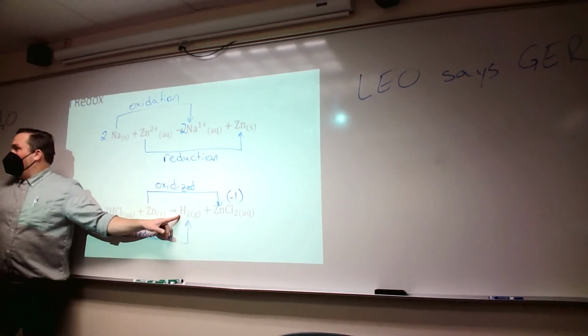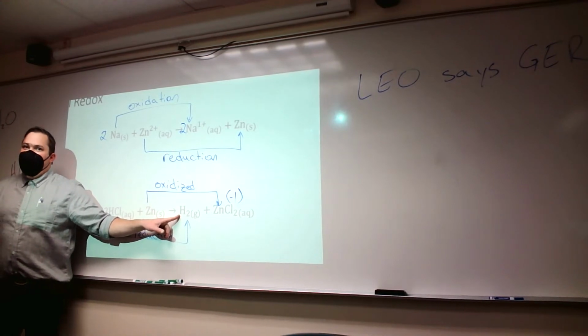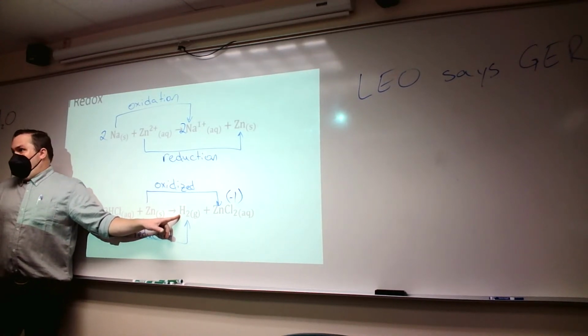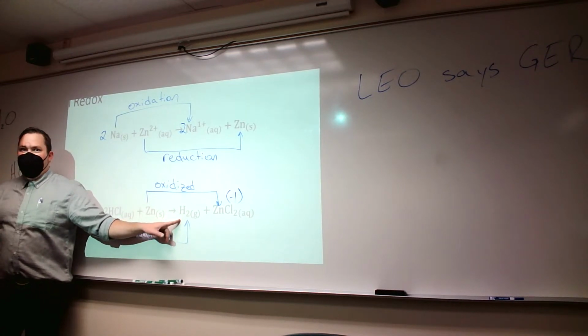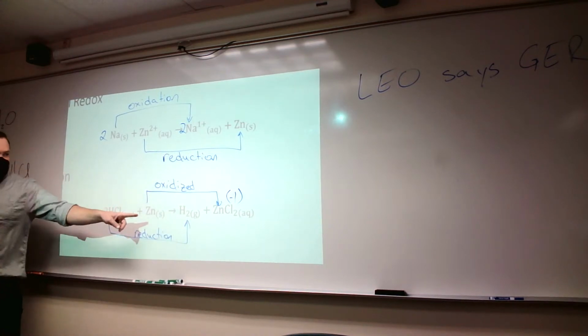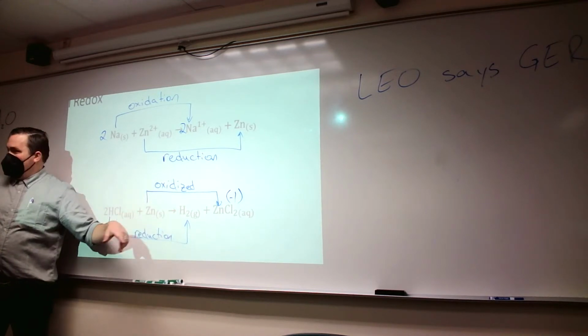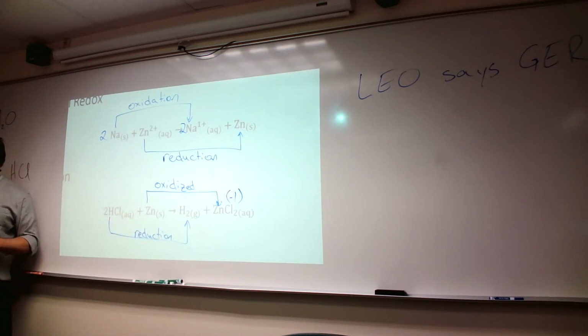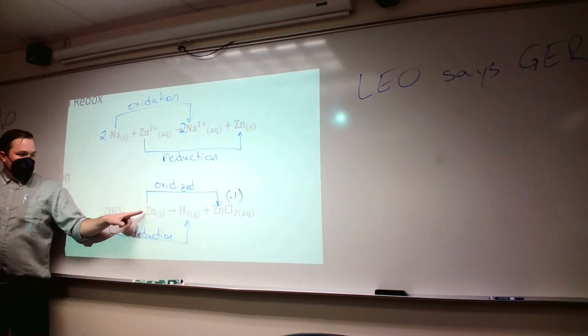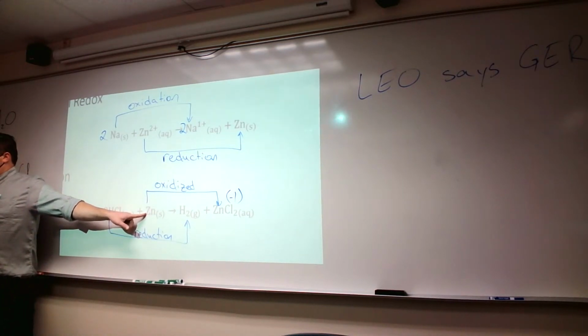Here, we have 2 hydrogens and their total charge has to add up to 0. So each hydrogen has to be 0. We can't have any charge except 0 on the hydrogens. So we went from plus 1 to 0, which means our charge dropped. Diatomic elements, anything in its elemental state, is neutral by definition. Metals, when they're neutral, that's their elemental state.